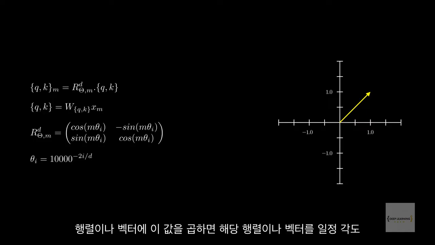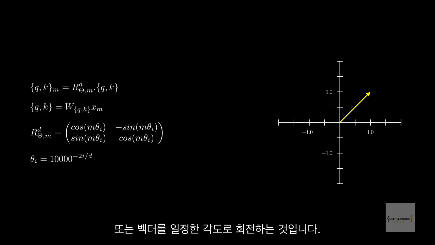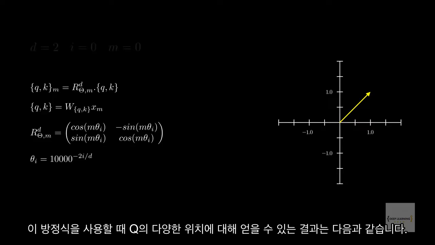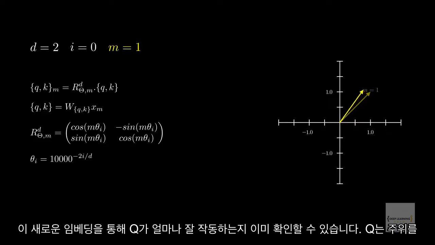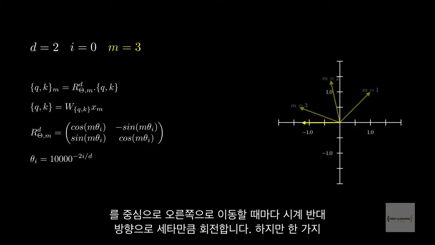When you multiply a matrix or a vector by this, you're simply rotating that matrix or vector by some angle. Here's what you get for different positions of Q when you use this equation. You can already see how well behaved Q is with this new embedding. Q rotates counterclockwise by some theta every time you shift the position to the right.